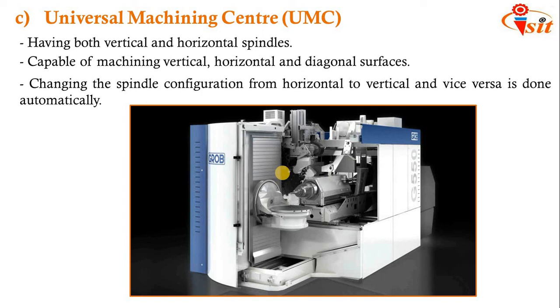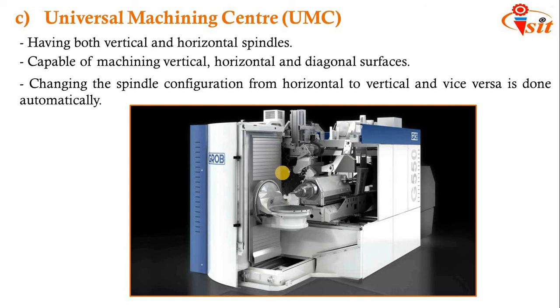So all the chips that are formed fall away and we don't need to clear them from the table. So we can easily move the workpiece from the pallet and change in the new workpiece on which operations have to be done, and work can be loaded on one pallet of a horizontal machining center while machining occurs on the other pallet.